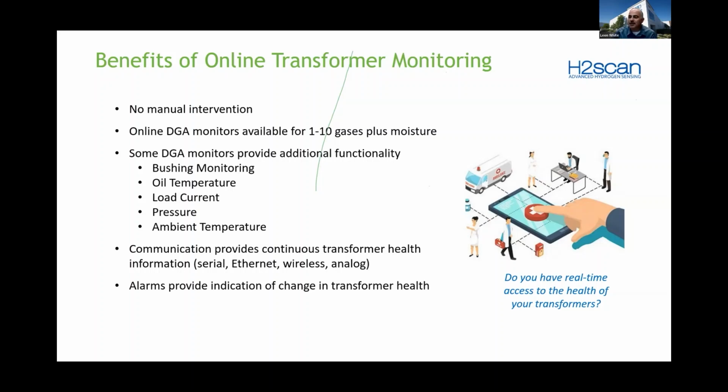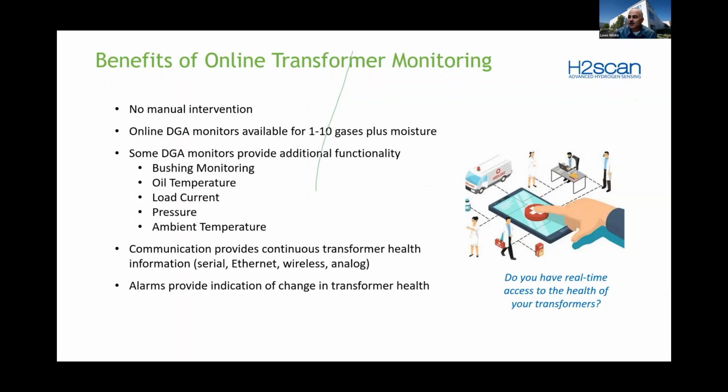It's not uncommon for people to go out and take a manual sample, and once you take that sample, the normal process is you close the valve. And so if there's an online monitor on that valve, that monitor is not getting fresh oil from the transformer, and of course isn't providing the best information possible.